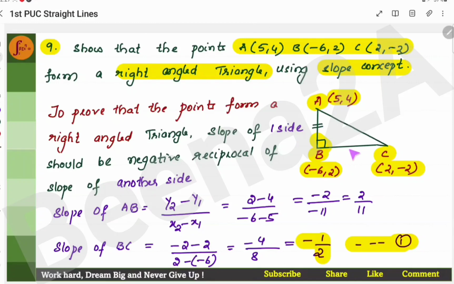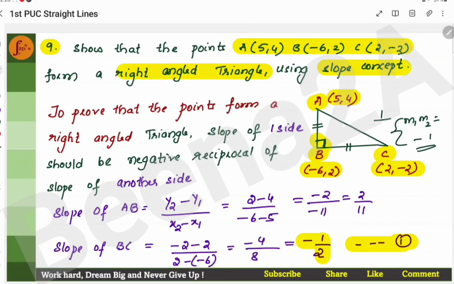Since there is 90 degree here, it means that AB is perpendicular to BC. And whenever you have two lines perpendicular to each other, the product of the slopes is going to be -1. So if you can prove that the product of these two slopes is -1, this will indicate that this is a right angle triangle.